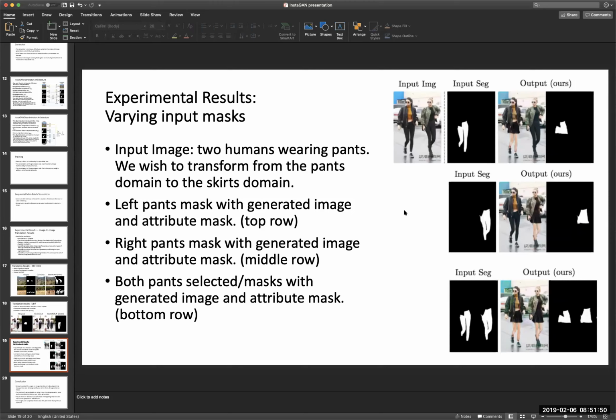The middle shows a mask with different humans selected. It transforms that image appropriately. And then the last one is a mask set with 2 pairs of pants, and it works as well.